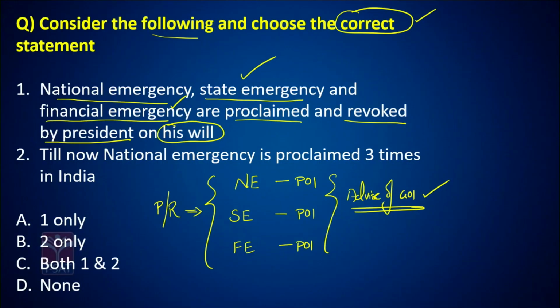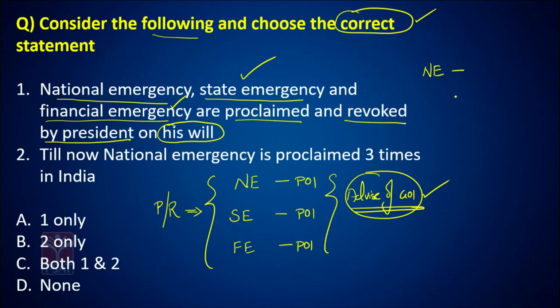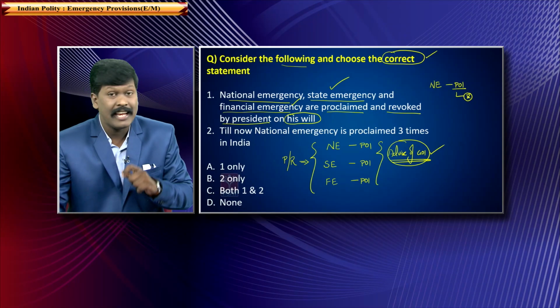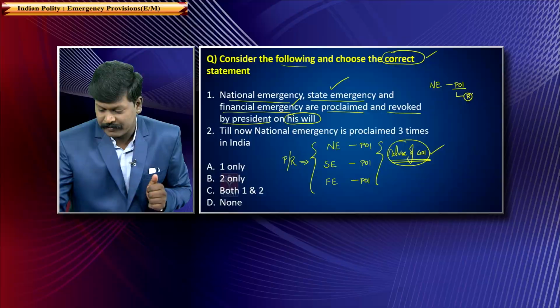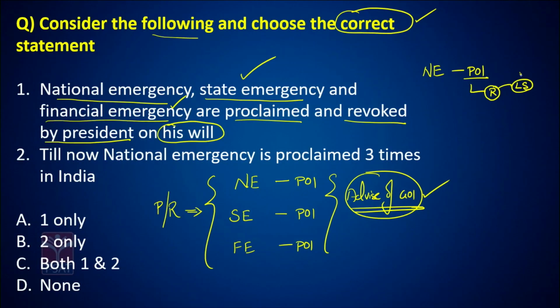Let me repeat this again for you all. Point number 1. All three types of emergencies can be proclaimed by the President on the advice of the government of India. Clear. Point number 2. The national emergency can be revoked by the President of India only when a resolution is passed in Lok Sabha.